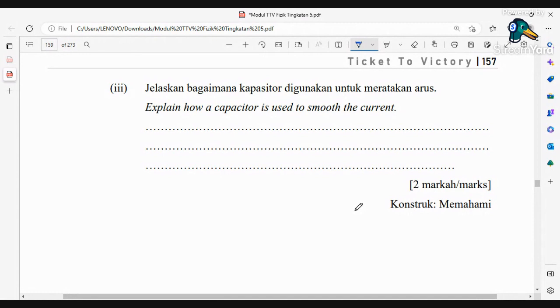Means it will supply current to the circuit. When current flows in forward bias.